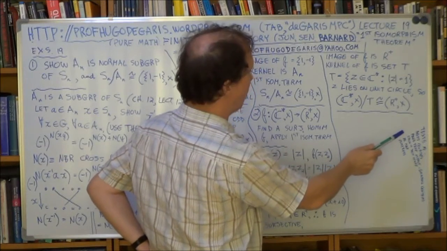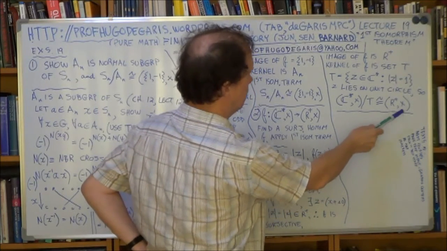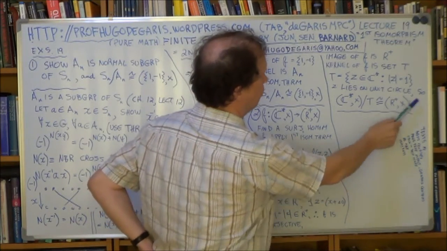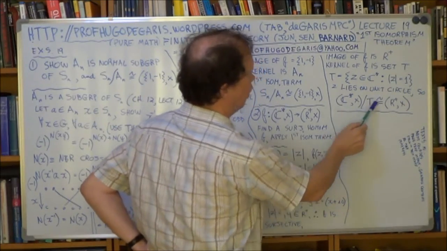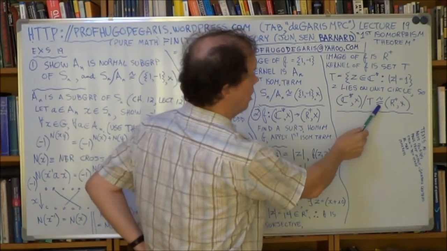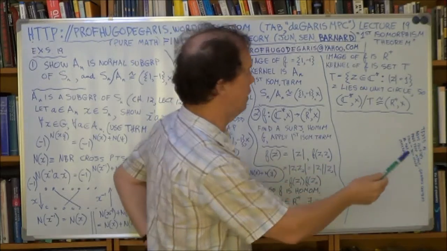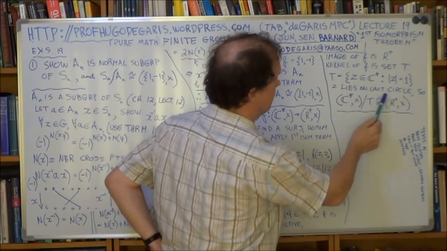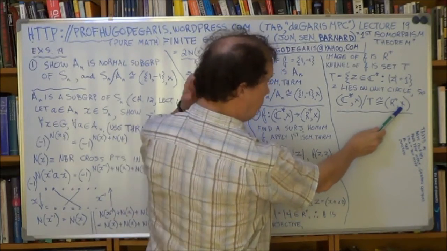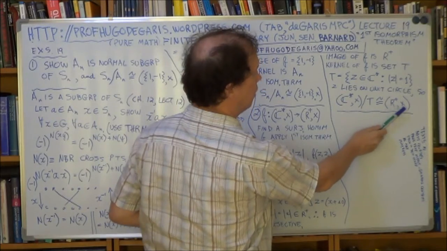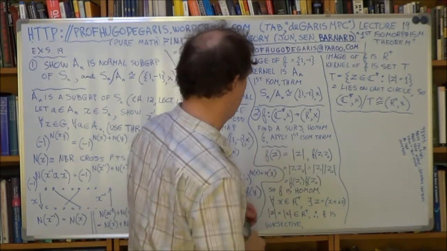And the binary operation to make it a group, because this is a quotient group and it has to be isomorphic to a group, not just a set, is just multiplying these real numbers.